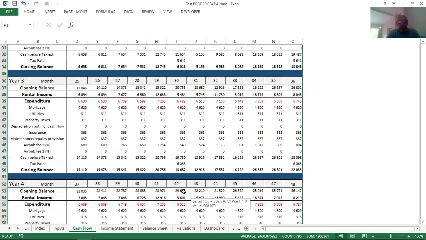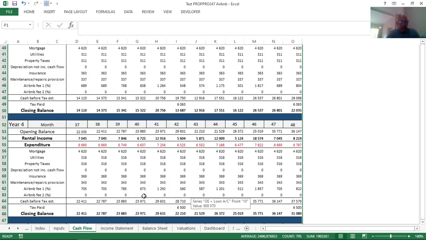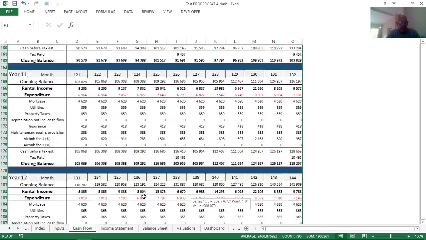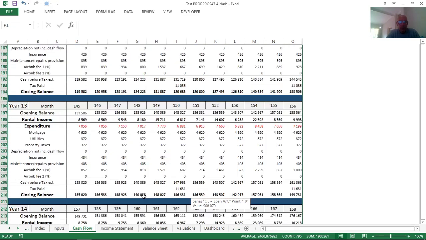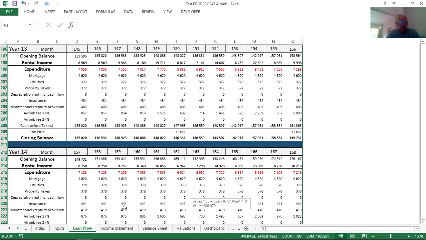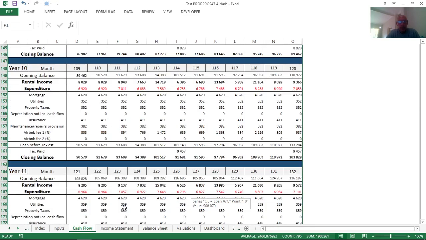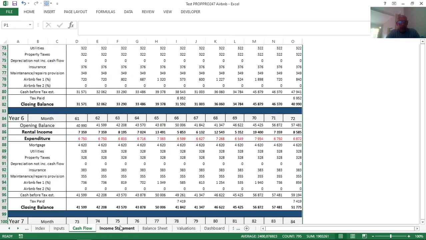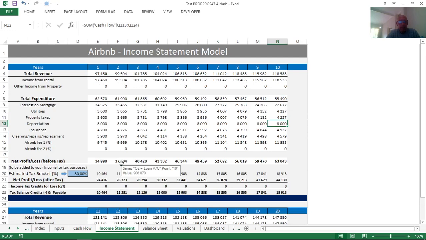You can see exactly what your cash position is at every stage of the game, and it will run for 20 years, so that you will have a very good idea of where you're standing and how your particular investment is performing. We can go then to the income statement.